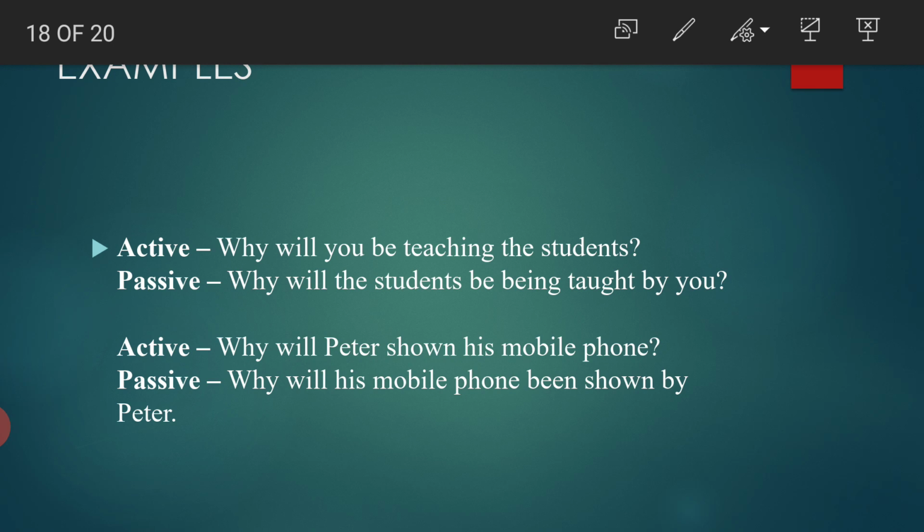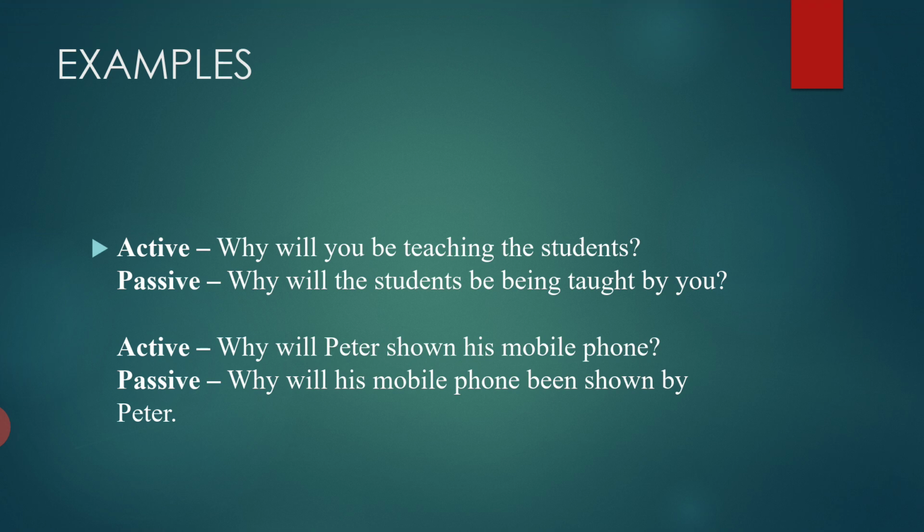Now, why will Peter show his mobile phone? So, why will his mobile phone be shown by Peter? We can say that this belongs to a perfect tense. Or rather we can say, why will Peter be showing his mobile phone?